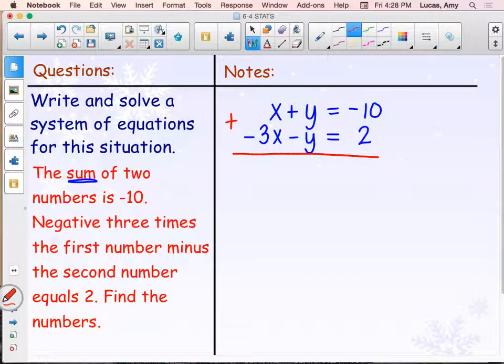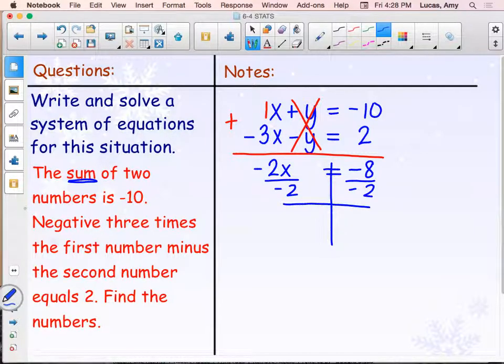So I can add together this system because the y's are opposites, they cancel out. I'll put a 1 in front of my x. So 1 plus -3 is -2. -2x equals -8. If I divide by -2, I get x equals 4.